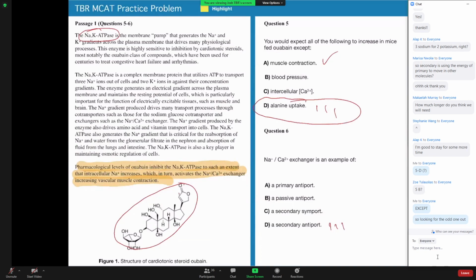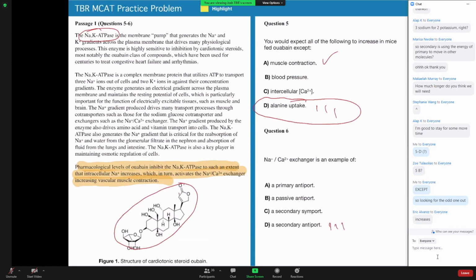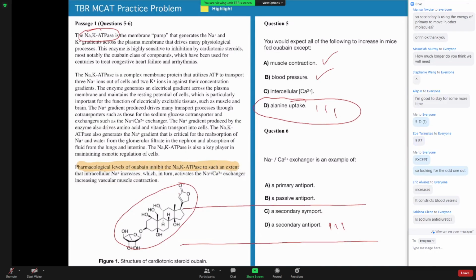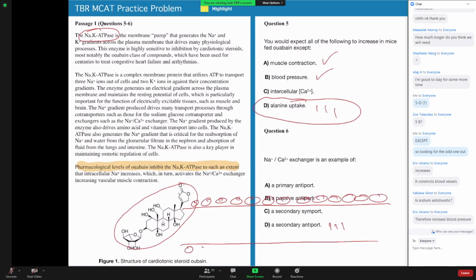Blood pressure. How does this affect blood pressure? Does anybody know? Yep, it will increase blood pressure, but how? Need a place to draw this. But if you could imagine, here is a vein, and you've got epithelial cells lining your vein or artery or whatever it is, blood vessel, and all these cells are now retaining sodium.